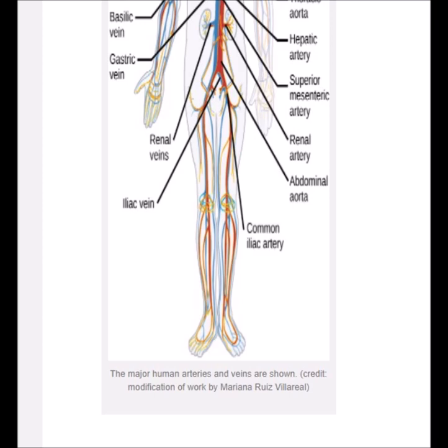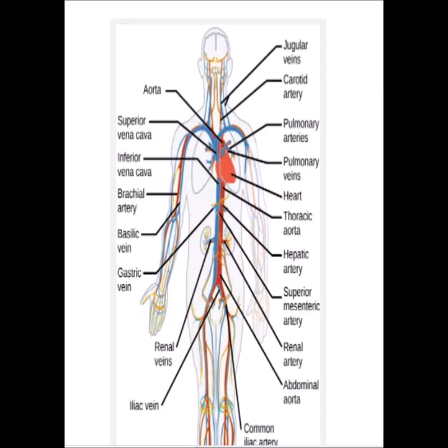The movement of materials at the site of capillaries is regulated by vasoconstriction, narrowing of the blood vessels, and vasodilation, which means widening of the blood vessels. This is important in the overall regulation of blood pressure.